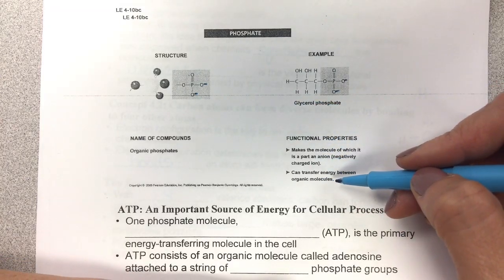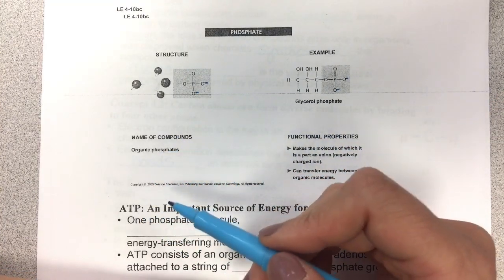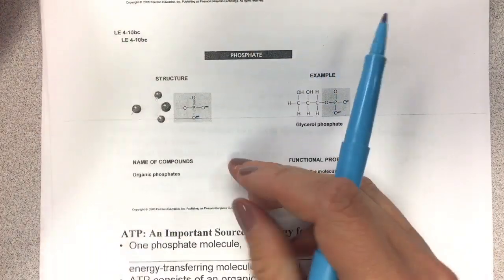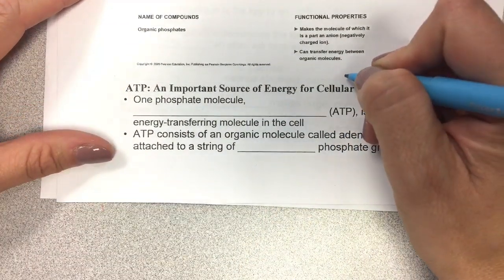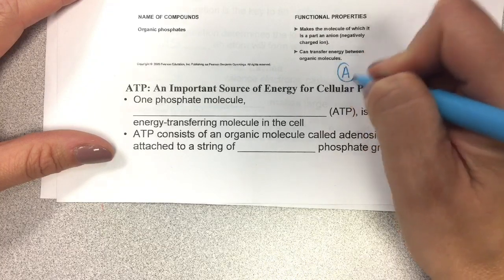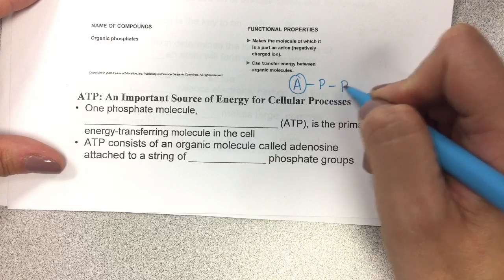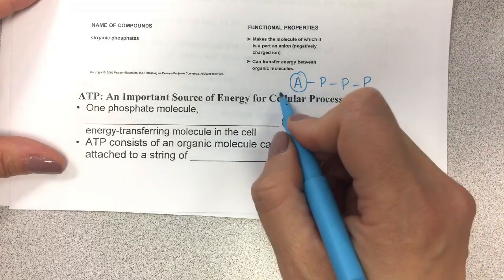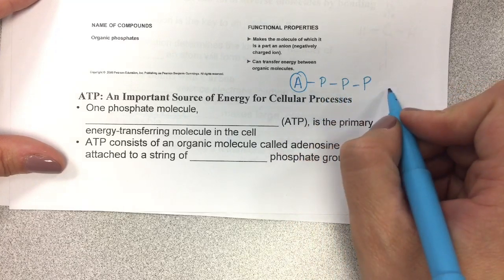You've probably recognized the term, the molecule ATP. If you remember from biology, that's a major energy molecule. ATP basically has a molecule called adenosine attached to 3 phosphate groups. A is the adenosine molecule, triphosphate, TP, 3 different phosphate groups.